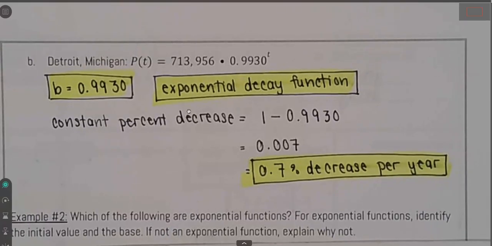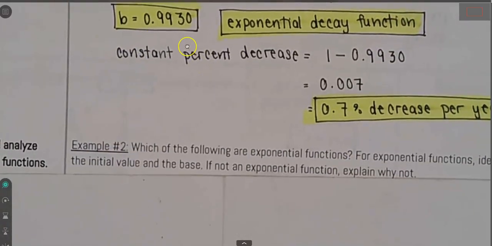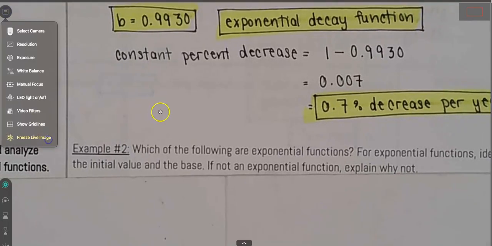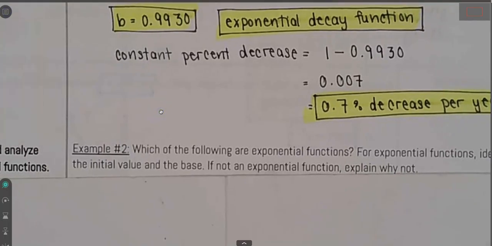So please tell me, for each of these problems, you guys are determining whether or not they are exponential functions. If the answer is yes, it is an exponential function, please give me the initial value and the base. If the answer is no, it's not an exponential function, tell me why.